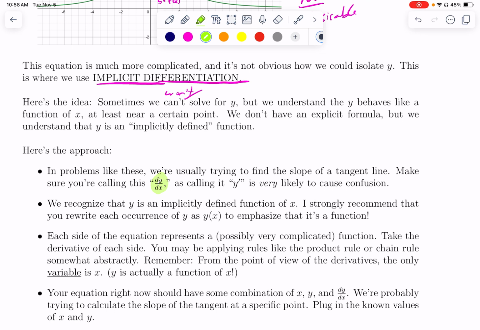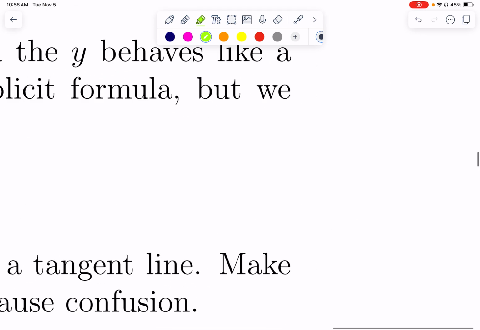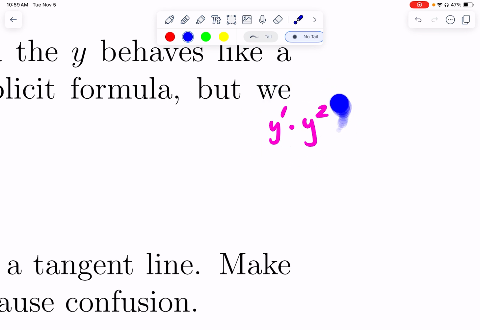And one reason why, just to give you a heads up, we will be having the derivative and y interacting. And we may have some situation where we're taking y prime times y squared. Now, something that absolutely happens is people see this and they forget the context, and this definitely looks like y to the first times y squared, and they simplify it as y cubed because they didn't notice that this was a prime and not a 1.